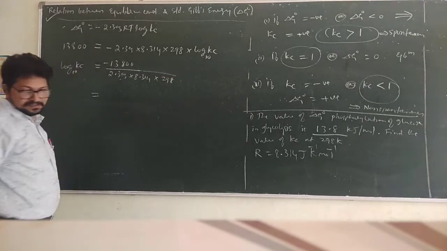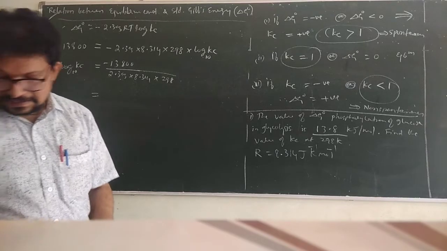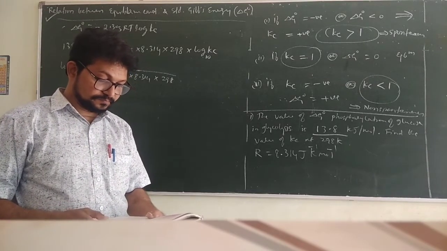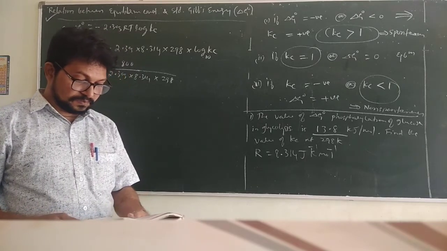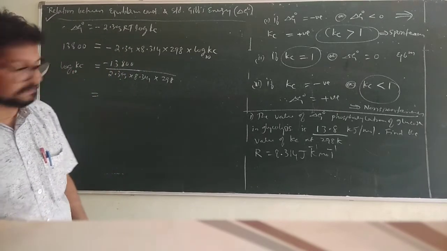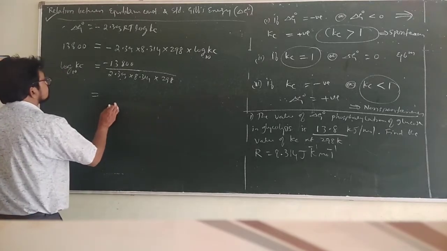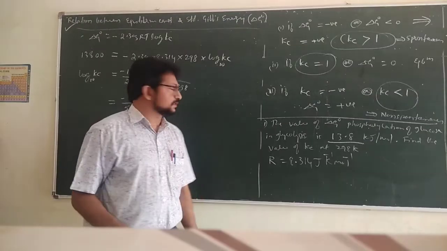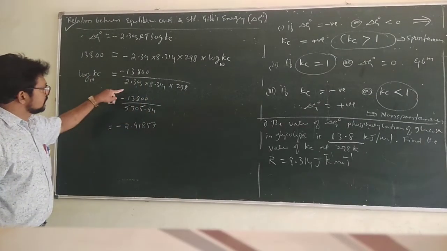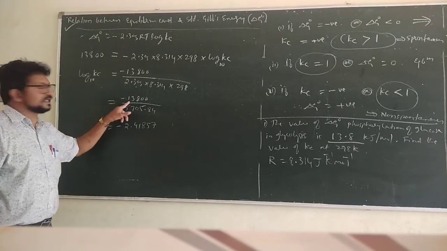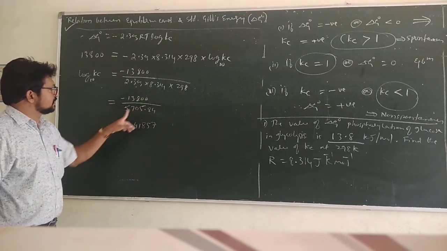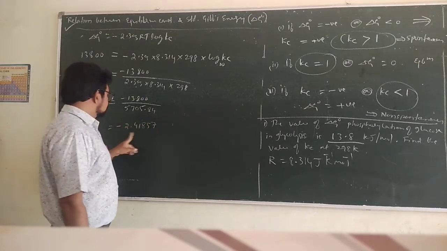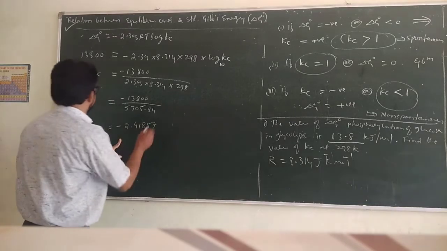If you work this out, the answer becomes minus 5.569. Then 13,800 with minus sign divided by the product 5,700.84 becomes minus 2.41857.